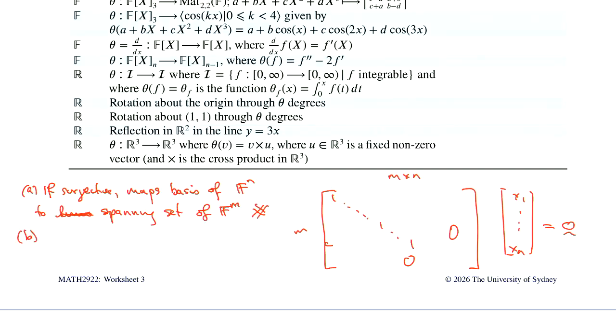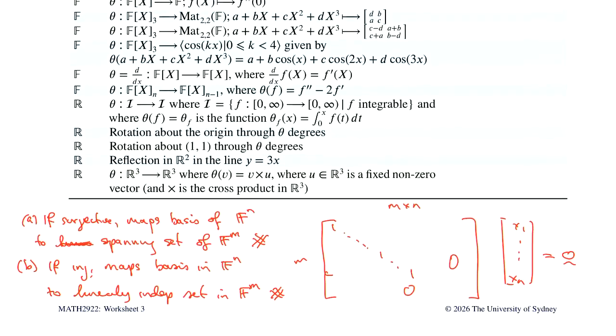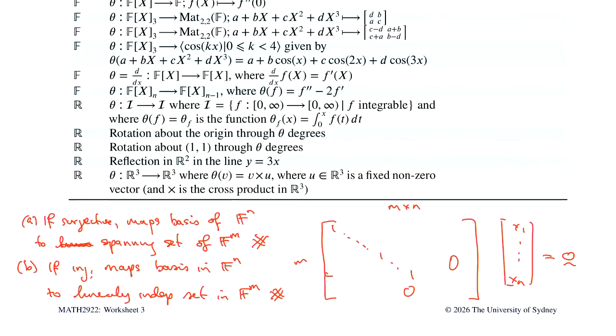In B, if it was injective, then it maps a basis in Fn to a linearly independent set in Fm, and that was our contradiction by dimension arguments. All right. Maybe I'll freeze that argument.